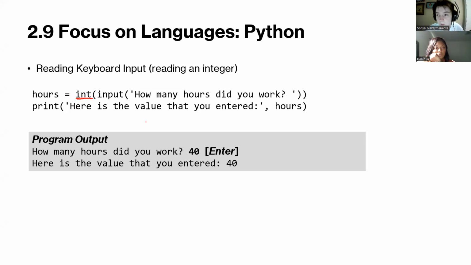The computer assumes that the user types in a sentence, so we have to tell the computer that no, this is a number. Same thing with the print, with the comma, with the parentheses. It's not different.